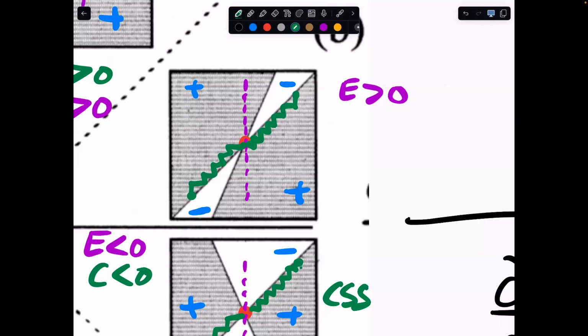Once you get there, either side, mutants are fitter. So you can imagine in this scenario that mutants either side will be able to invade, and this is what gives us our diversification. So this is what? Yeah, evolutionary branching point.